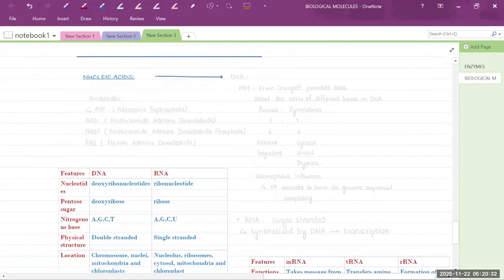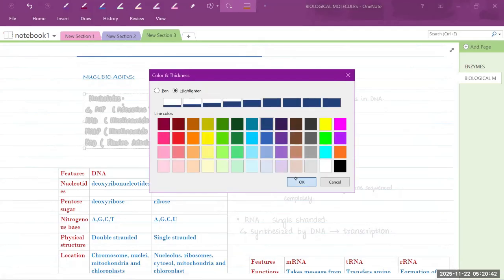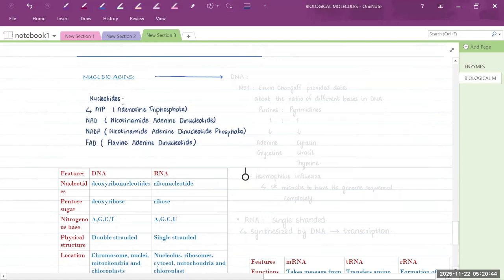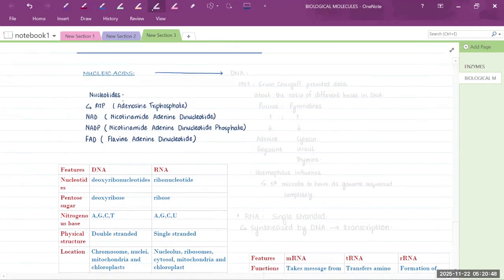Moving on to nucleic acids. First of all, in nucleic acids, we have nucleotides; the basic structure of nucleic acids is made up of nucleotides. We have our very famous ATP, which is known as adenosine triphosphate. We have NAD.